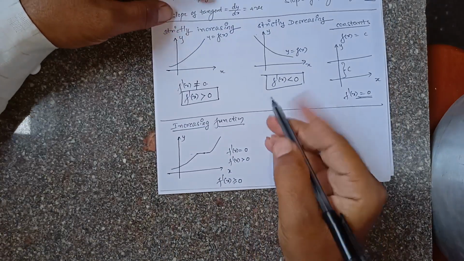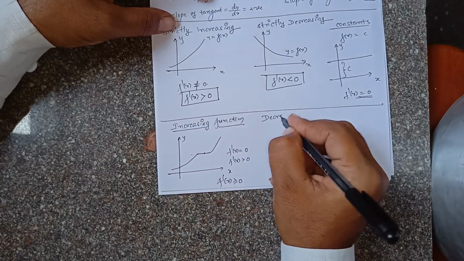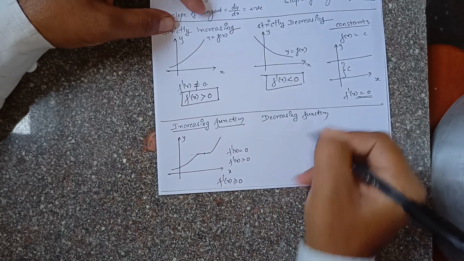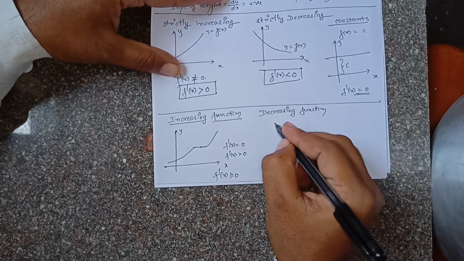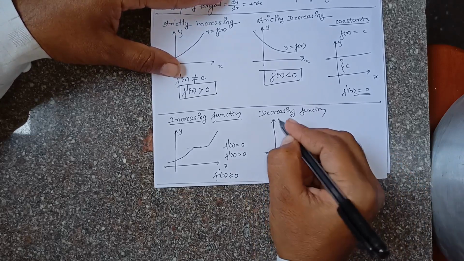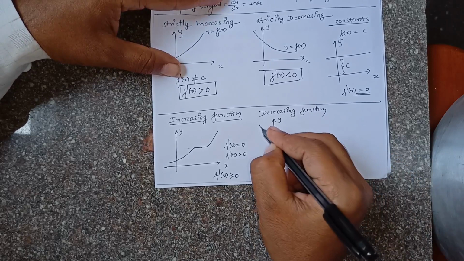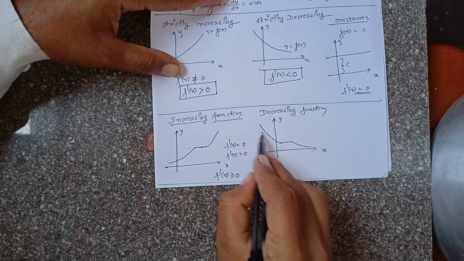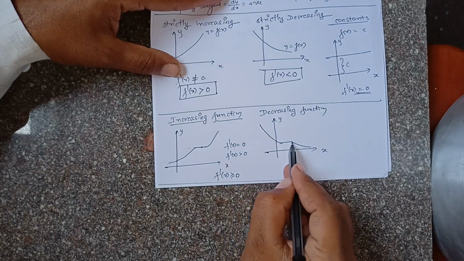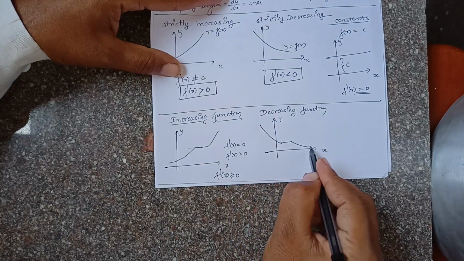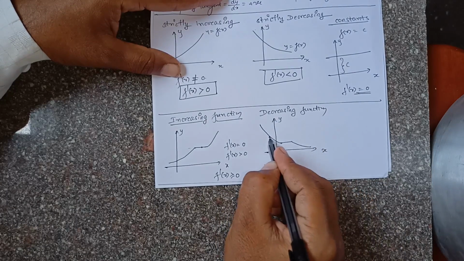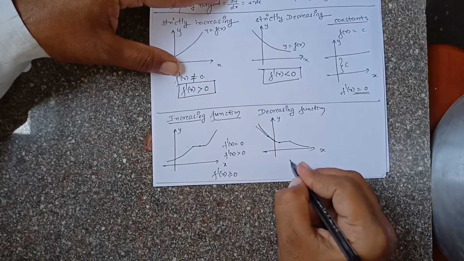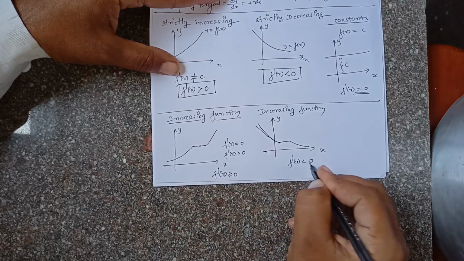Next, what about a decreasing function? What is the condition for a decreasing function? For a decreasing function, you can take the graph like this, y-axis and x-axis. Suppose a graph is like this. Here you see, after this point and also from the second point to the last point, if you take a tangent at any point, the slope of the tangent will be less than 0, meaning f dash of x is less than 0.